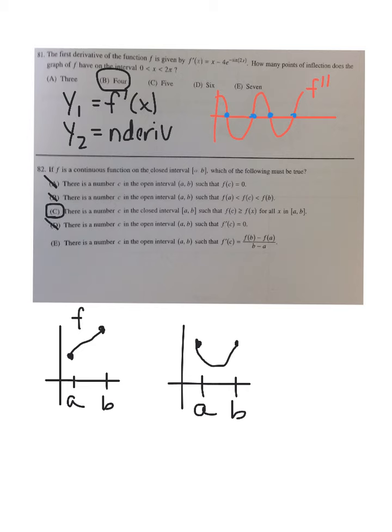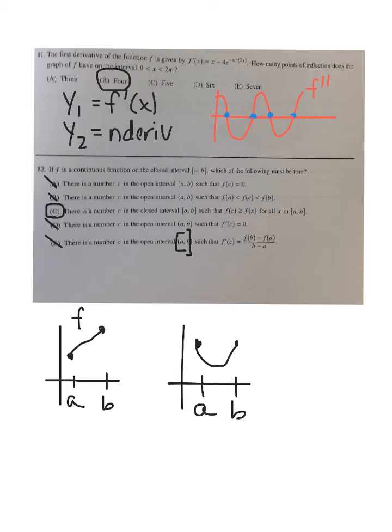Now, E, really, if you read through that, that's the mean value theorem. However, for the mean value theorem, you have to have a closed interval there, which this doesn't have. So it wouldn't be choice E. Therefore, it's choice C. Okay, now why is it choice C? Because of the extreme value theorem, a theorem that we've not used very often, so here we go. The extreme value theorem states this.